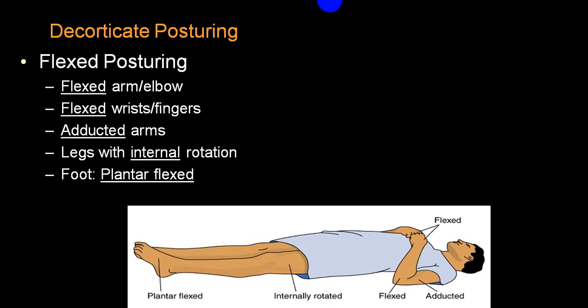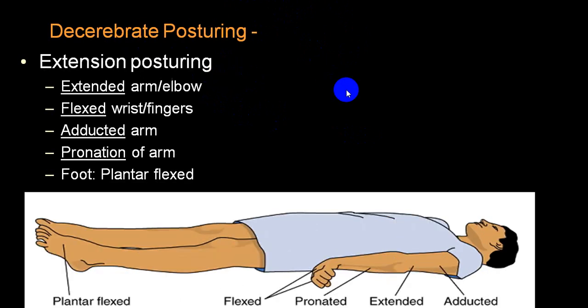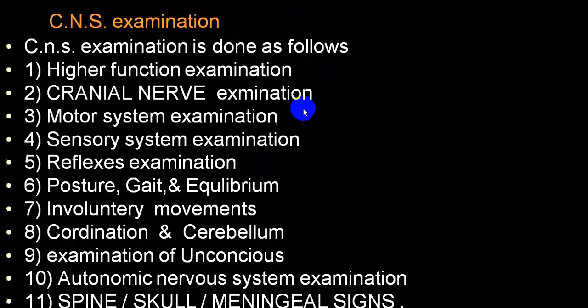Then if a person acquires a flexed posture on pressure or pain, that is characteristic of a decorticate posture, and in decerebrate posture there will be extension. And when you press and all four limbs are flaccid, it indicates very bad damage to the lower part of the medulla. That will be typical.